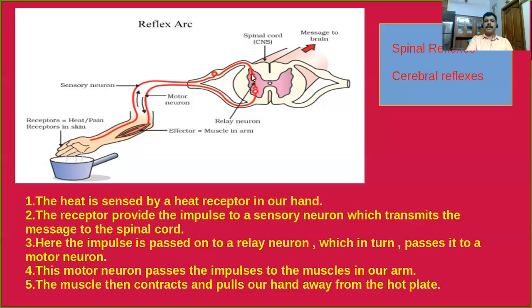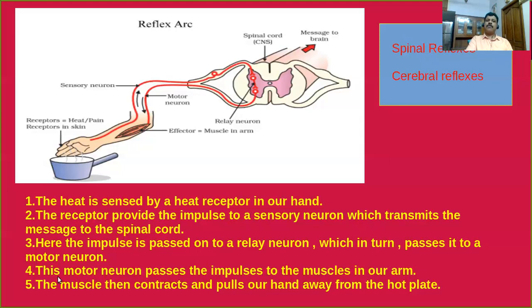And here the impulse is again passed on to a relay neuron, which in turn passes it to the motor neuron. So in between the sensory neuron and the motor neuron, there is another neuron called a relay neuron. The spinal cord will take the decision and send the messages first to the relay neuron, and finally that impulse reaches the motor neuron.